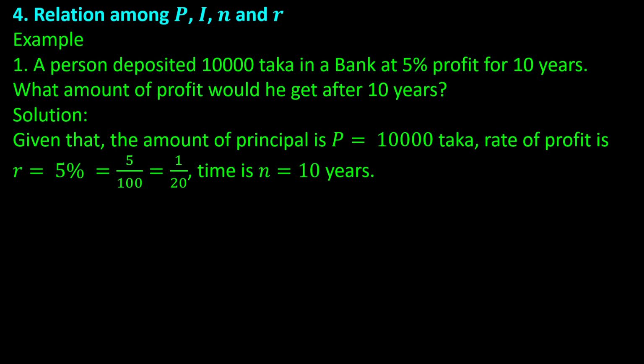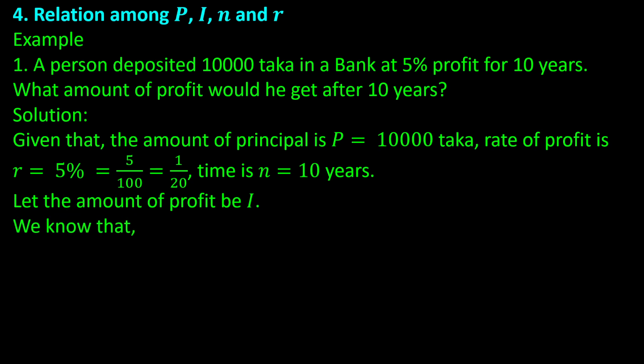But we have to determine here the amount of profit. So we have to consider it. Let the amount of profit be I. We know that the relation among I, P, N and R is I equals PNR.